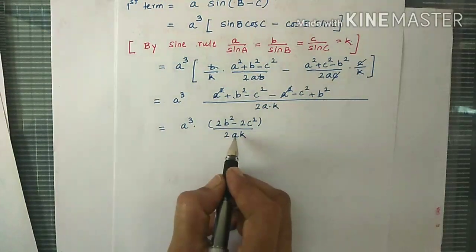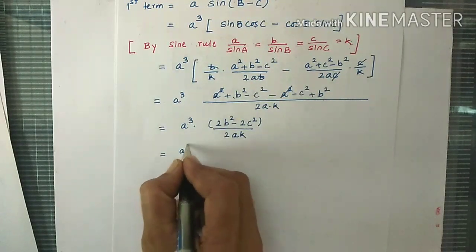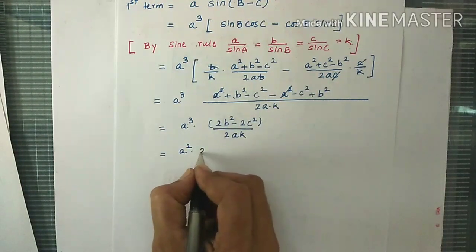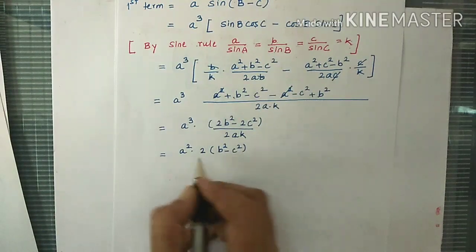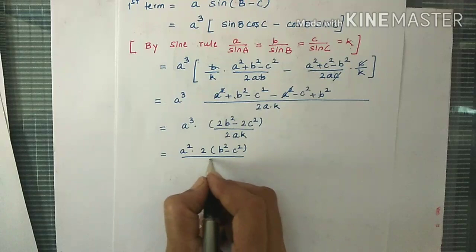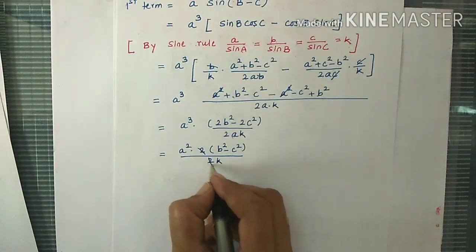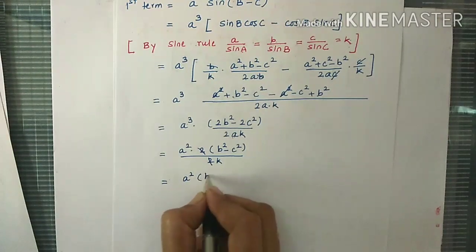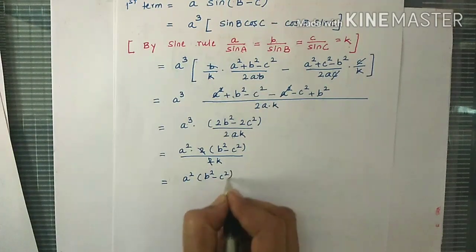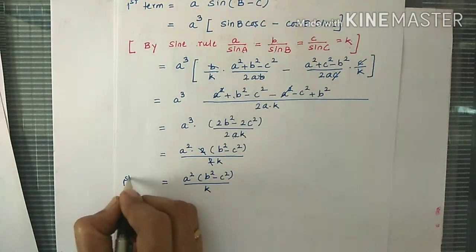And we can cancel one a also. So cancelling that a, we get a square. Now take 2 common, so 2 into b square minus c square divided by 2k. So 2 gets cancelled. So this becomes a square, b square minus c square, upon k. So this is our first term.